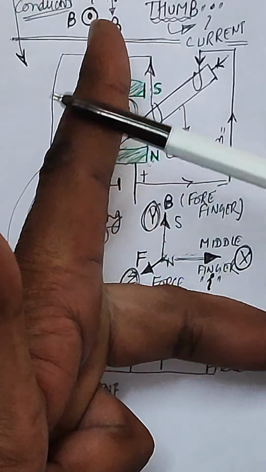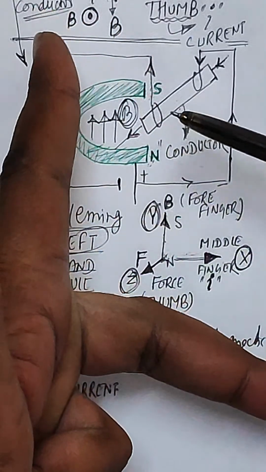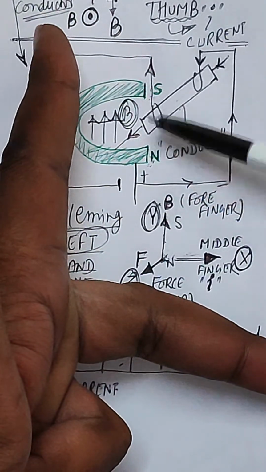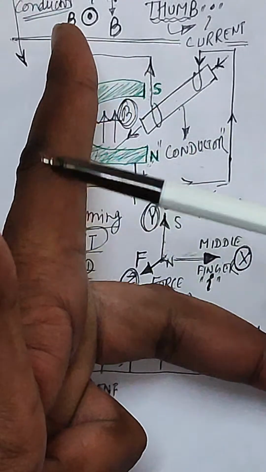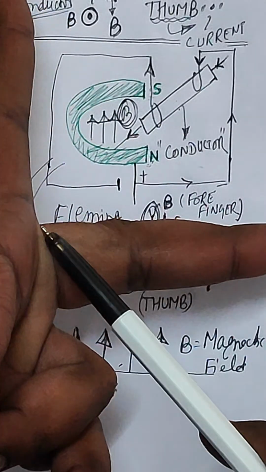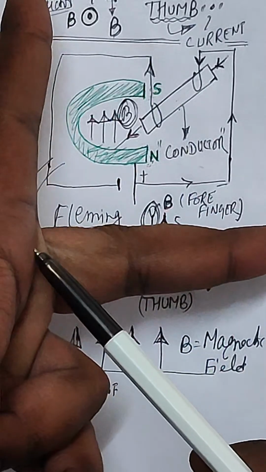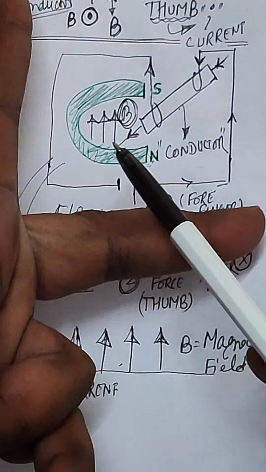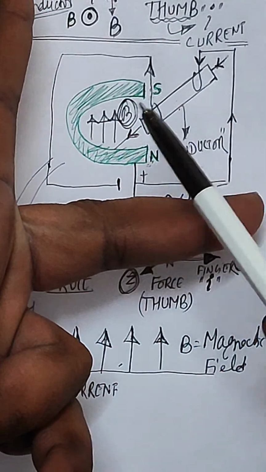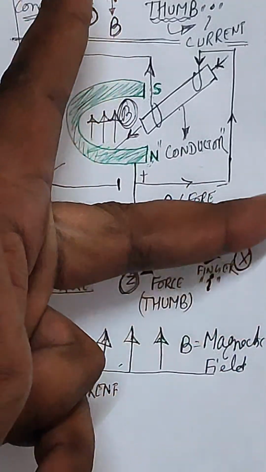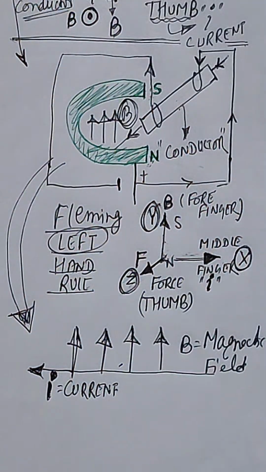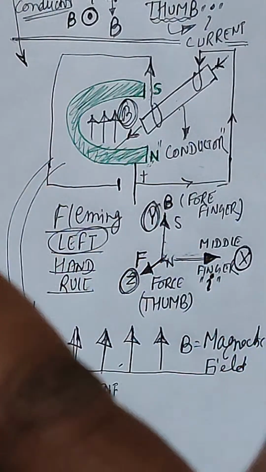Here you can see this is B, that means the magnetic field is north to south, right? And the direction of the current is from left to right, but here the current is from right to left. So adjust your left hand in such a way that it suits the direction of the magnetic field and current. So just reverse it.